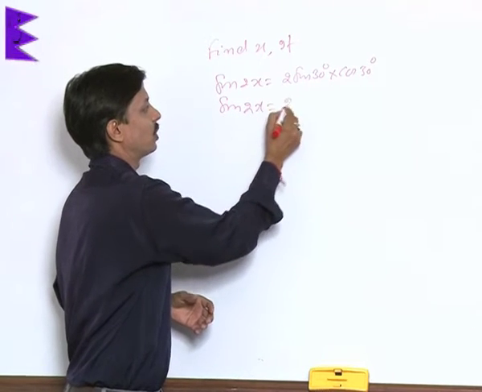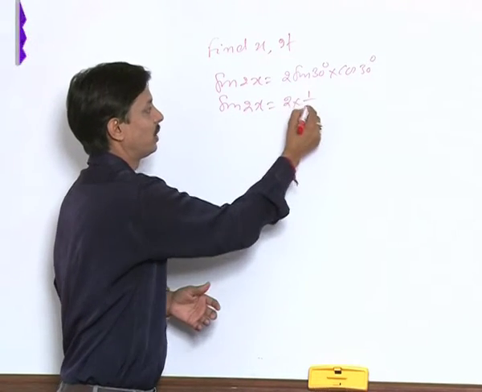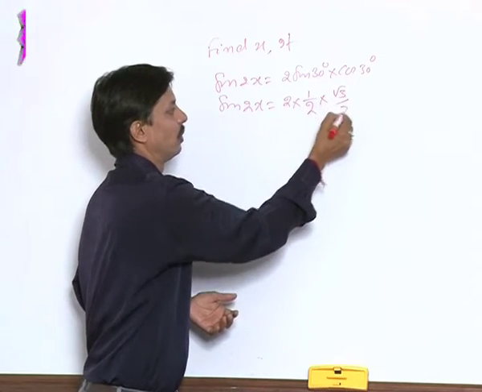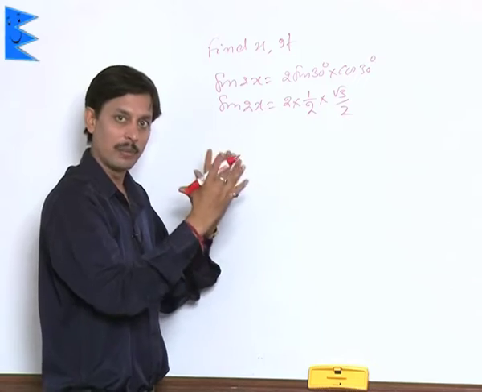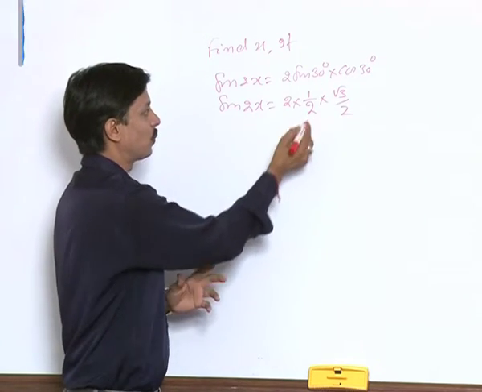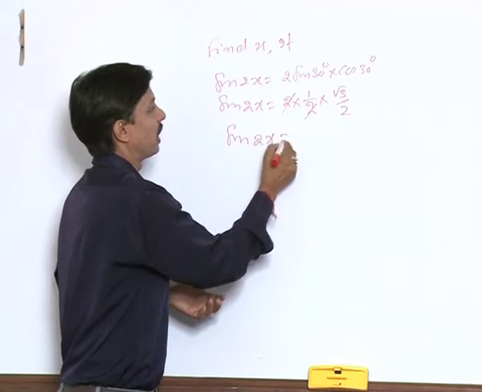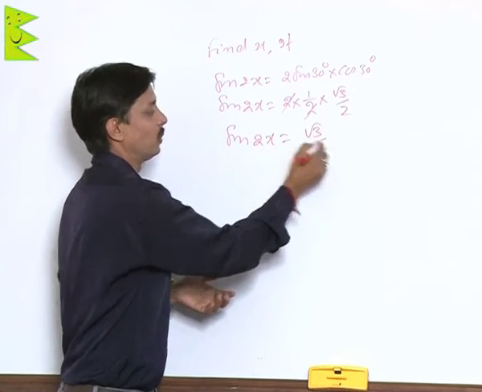Sine 2x equals 2 into sine 30, which is 1 by 2, and cos 30, which is root 3 by 2. We have selected the required values from the table. 2 and 2 get cancelled. We have obtained sine 2x equals root 3 by 2.